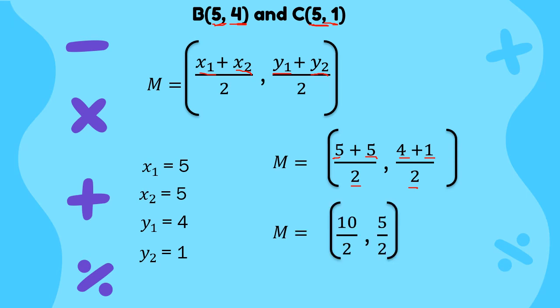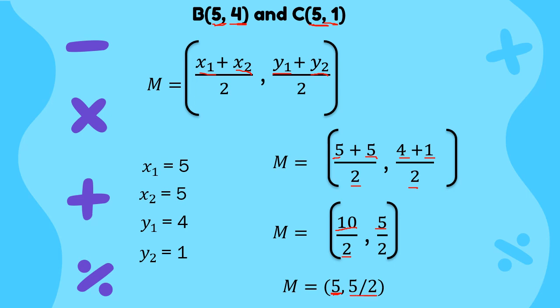So next, 5 plus 5, we have 10. Then 4 plus 1, we have 5, divided by 2. So next, 10 divided by 2, we have 5. Next, 5 over 2, just copy it.